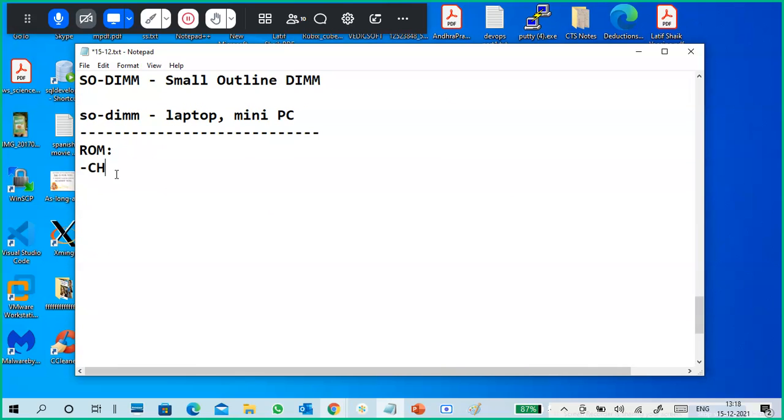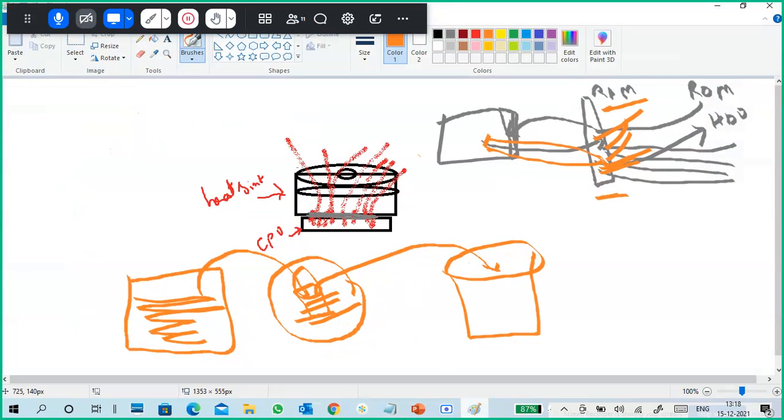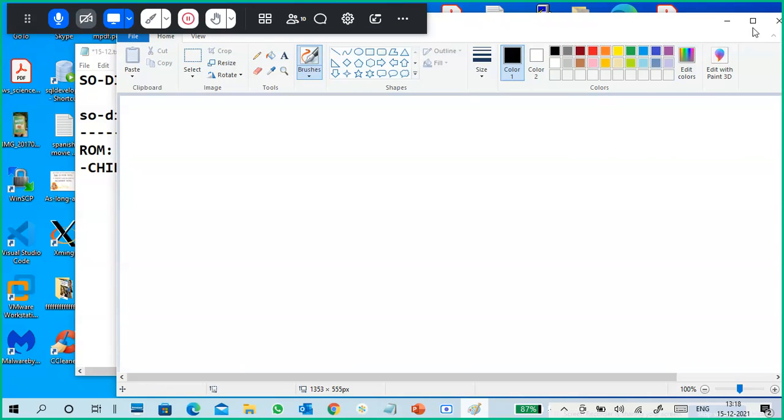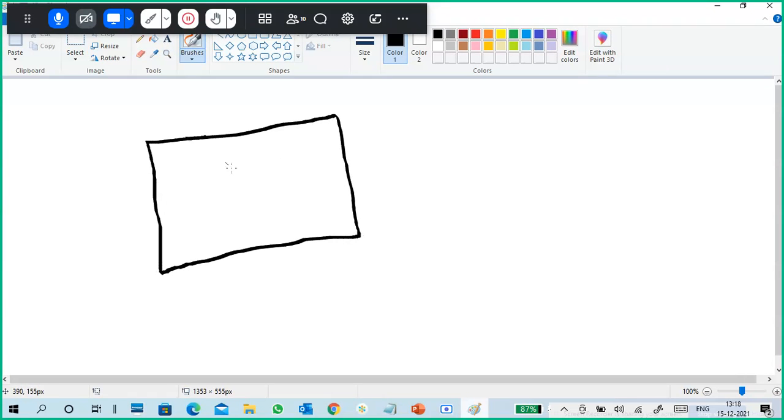ROM is nothing but a simple chip, not like our RAM that you can insert and leave. ROM is a simple chip on your motherboard. So this is your motherboard, and the ROM chip is on it.